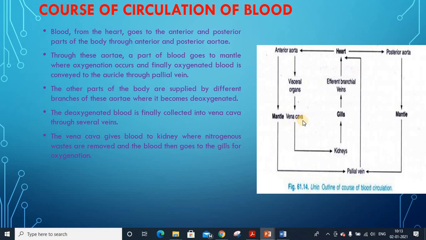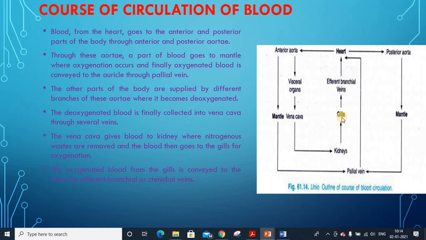From the vena cava, here you can see in the picture, it is supplied to the kidneys where nitrogenous waste is removed, and then blood goes to the gills for oxygenation, and the oxygenated blood from the gills is conveyed to the heart by efferent branchial or ctenidial veins.